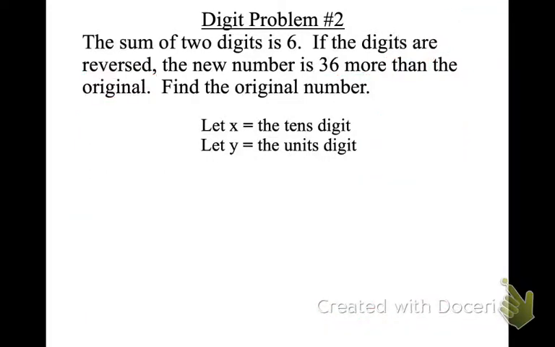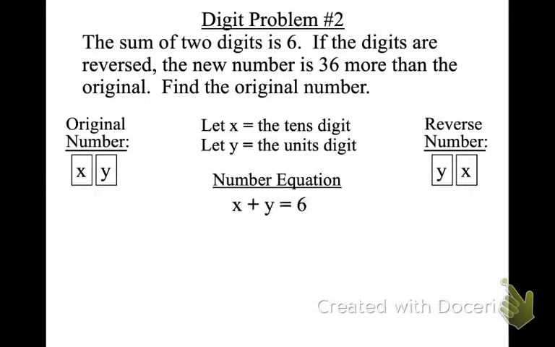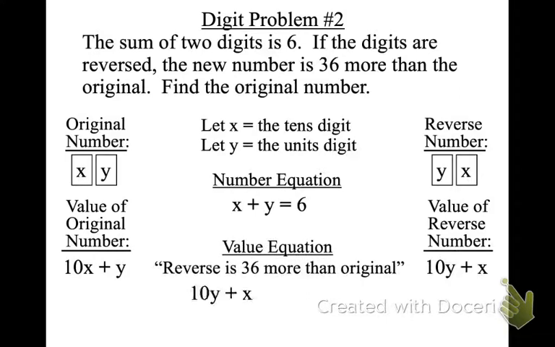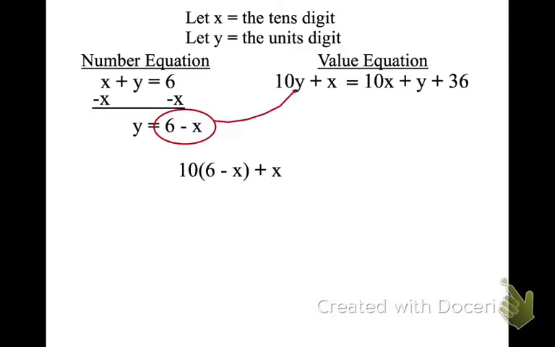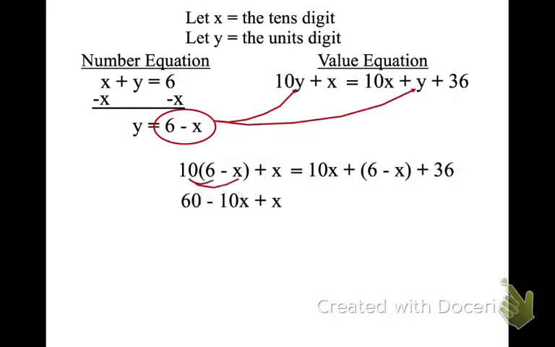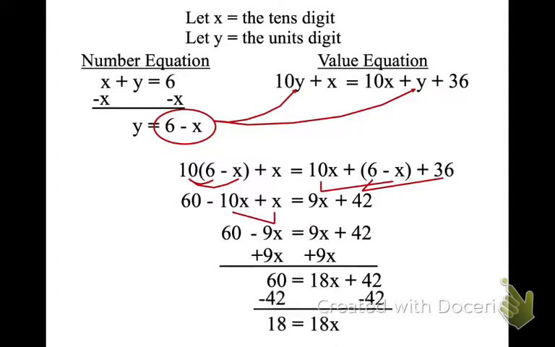All right, let's look at what that looked like on, remember the original value, the reverse value. The same equations, let's see, they probably got y alone, so it's going to be slightly different, but you should still get the same answer.